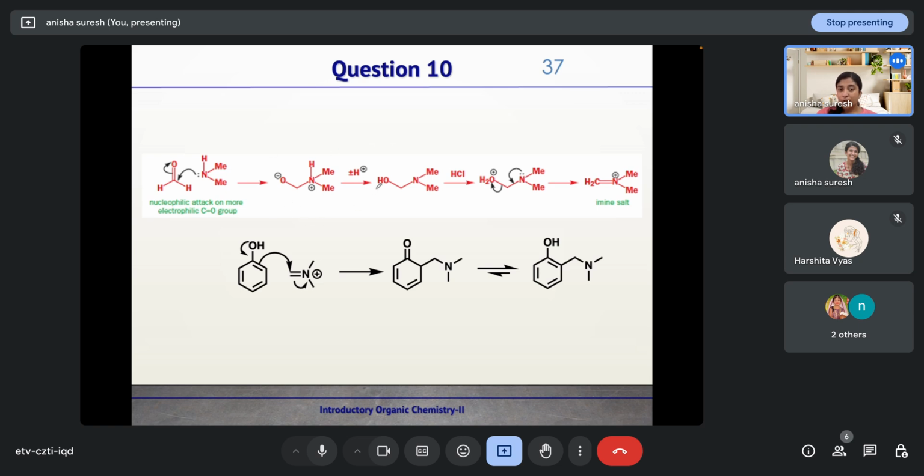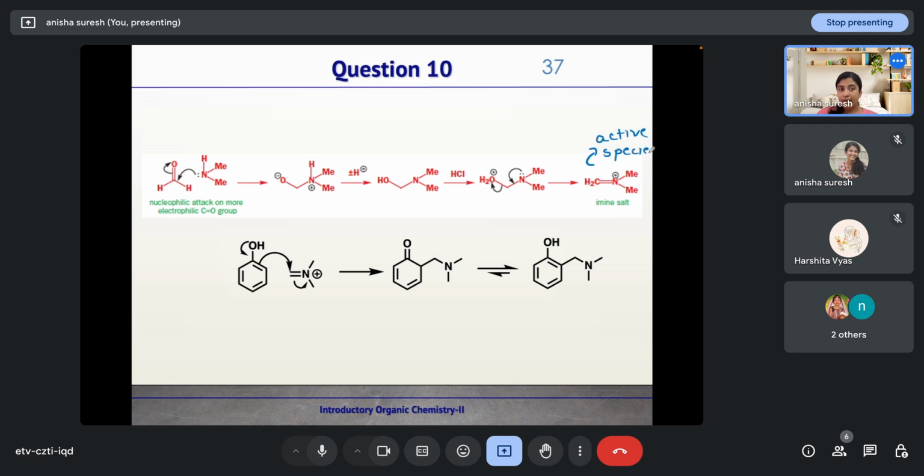This will undergo a proton transfer giving this compound, and in the presence of HCl, this will get protonated, and when the lone pair will fall, this water will get removed leading to formation of this iminium salt. This is the active species.